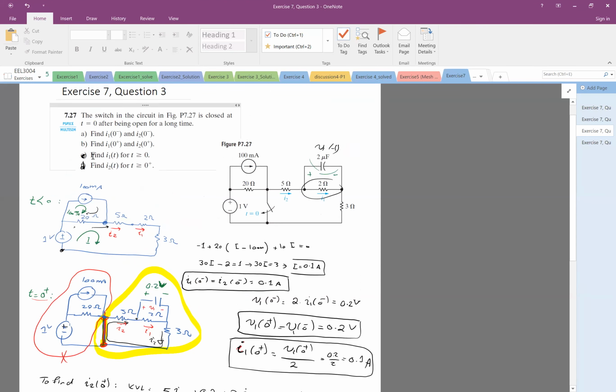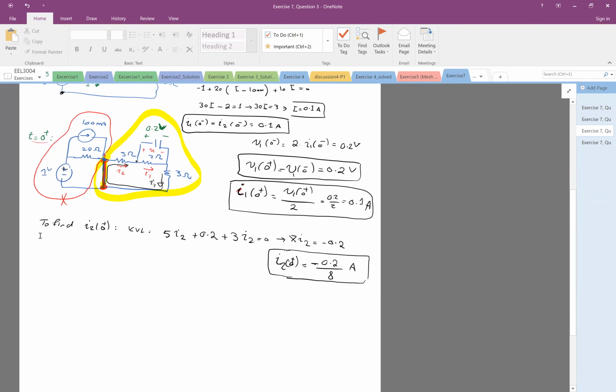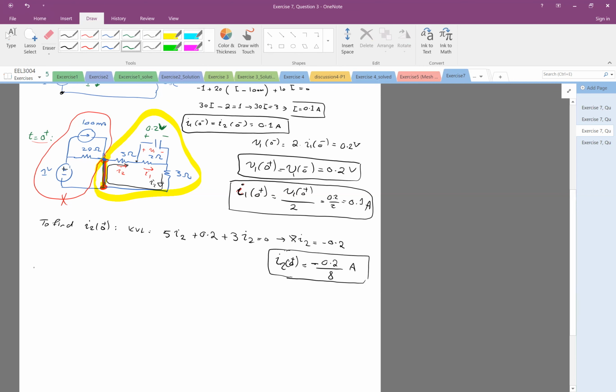So now, the next part is asking for I1(t) and I2(t) after the switch. So now looking at the whole current and voltage across time after the switch is closed. In other words, for t greater than or equal to 0, what is I1(t) and I2(t)?